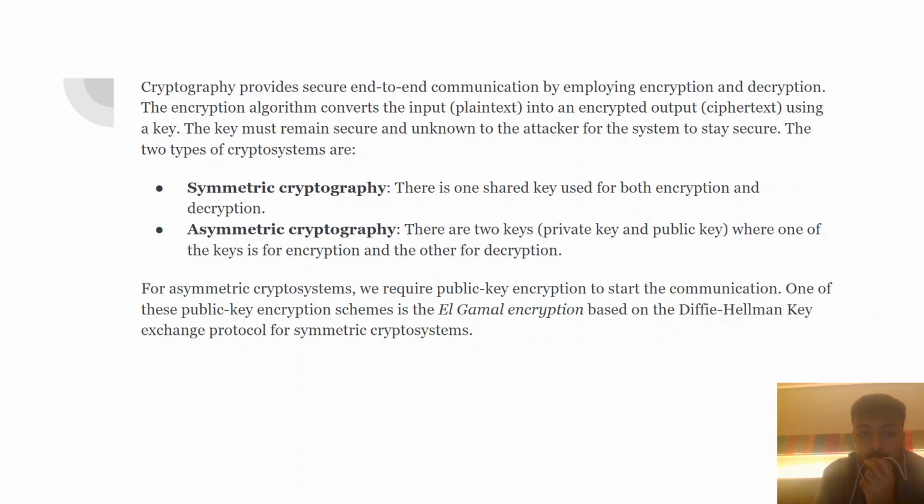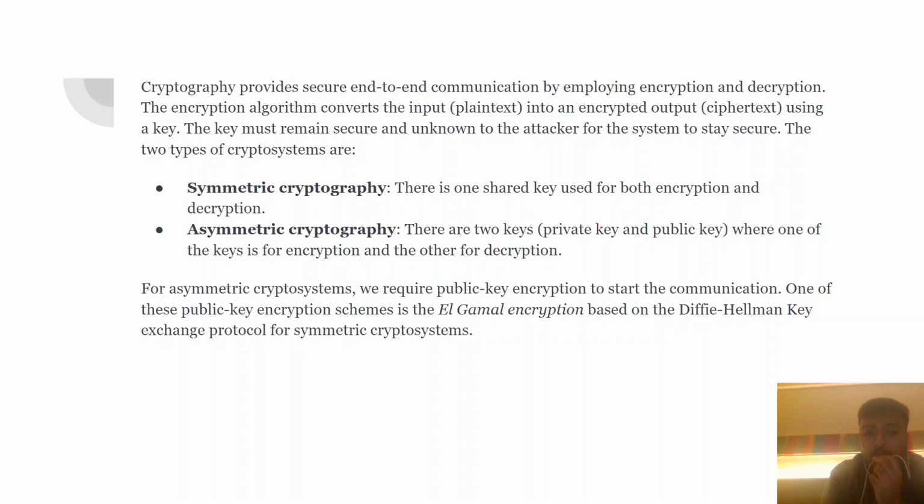The two types of crypto systems are symmetric cryptography, where there is only one shared key used for both encryption and decryption, and asymmetric cryptography, where there are two keys, a private key and a public key, where one of the keys is for encryption and the other for decryption.